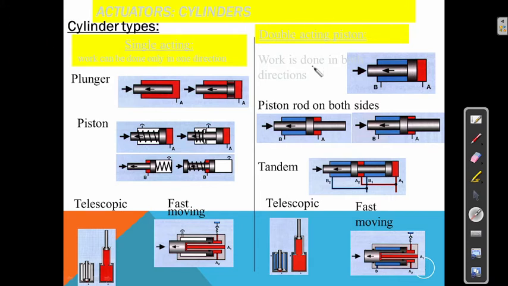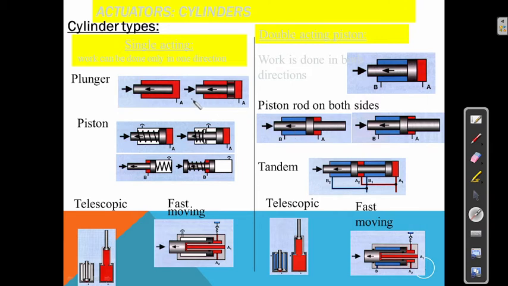Now we are going to see the double acting cylinder. Here it will move to this side as well as this side. Here it shows only one direction, A, whereas here it shows two directions, A as well as B. And here this shows the piston rod on both sides.